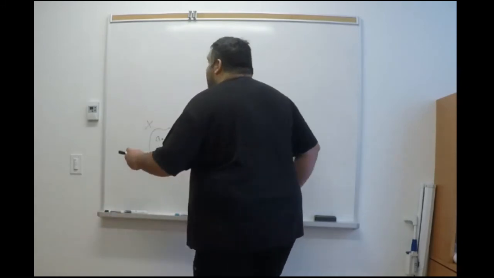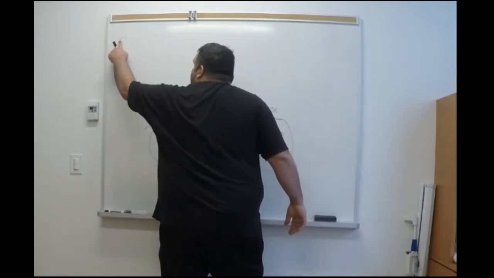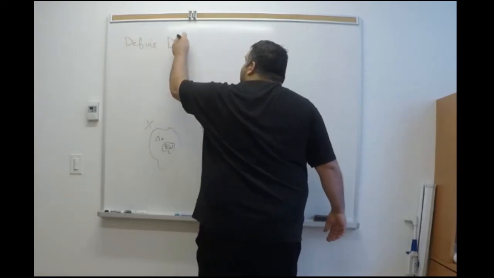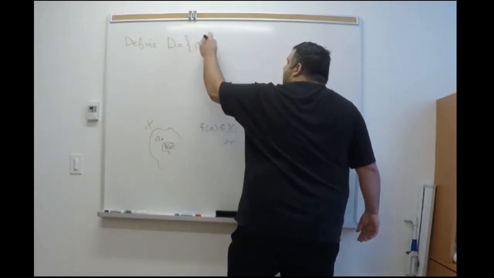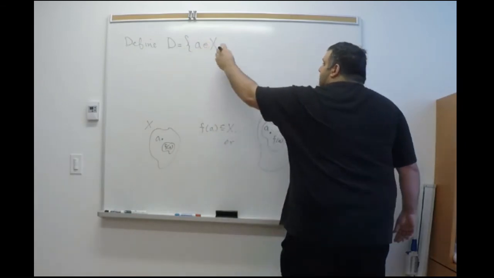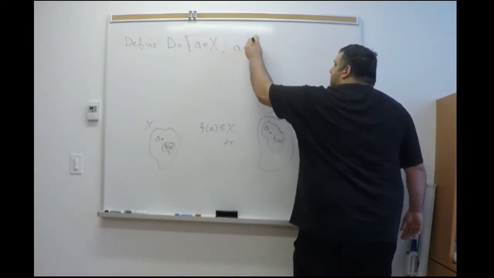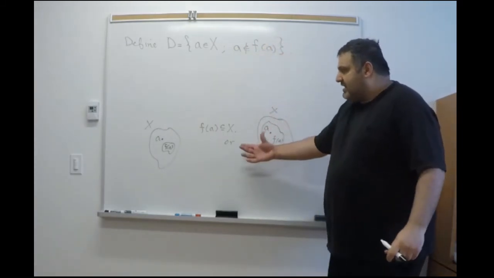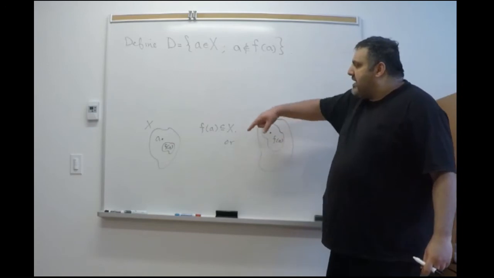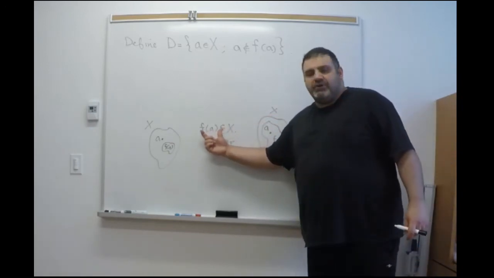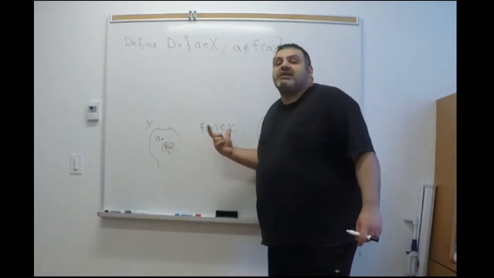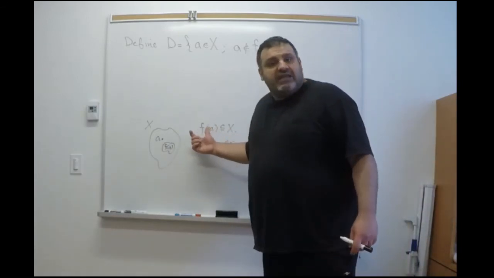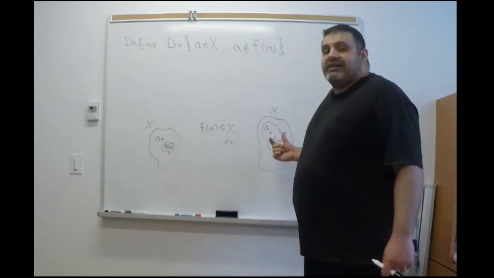So he constructs a set. Define D to be the set of all A in X such that A is not an element of f of A. Remember, like I said in this picture, every time you pick an input A, f of A is a subset of X. Then either your input is an element of f of that input, or it's not.